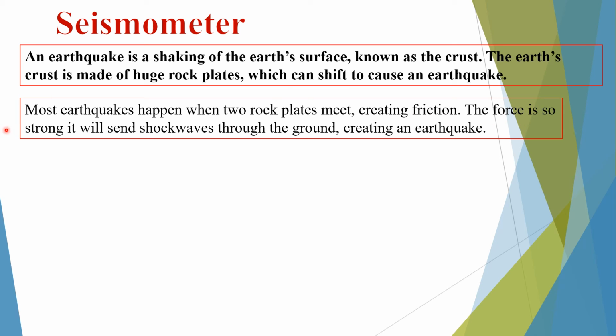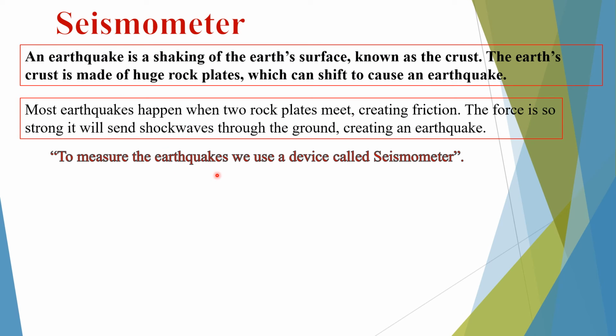The force is so strong it will send shock waves through the ground, creating an earthquake. So when the rock plates in the Earth's crust meet, they create friction and the force is huge. Due to this strong force, we get shock waves through the ground, and these shock waves create the earthquake.